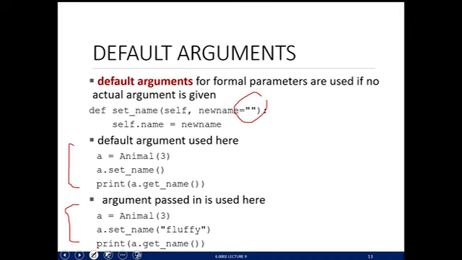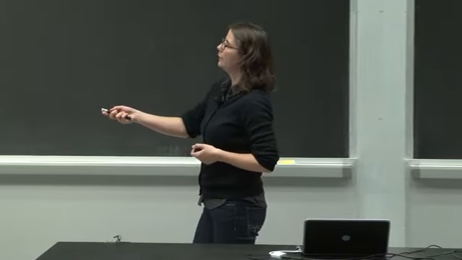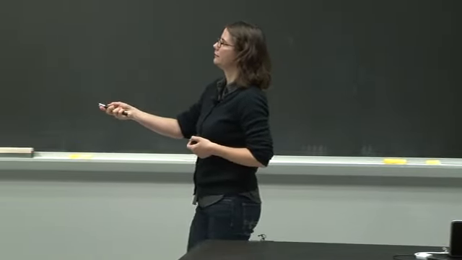The first way is, we can create a new instance of an animal type object with this line here, a is equal to animal3. And then we can say a.setName. So this calls the setter method to set the name. And notice we've always said that you have to put in parameters for everything other than self. Okay? But here we have no parameters passed in.